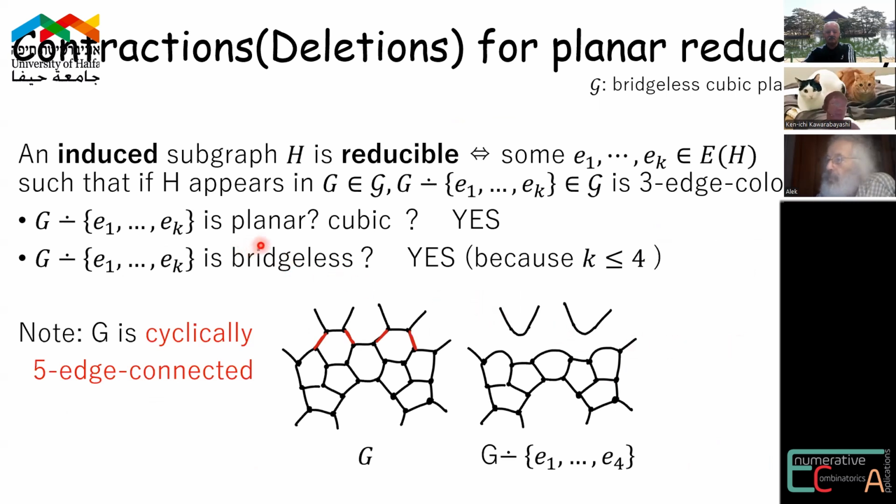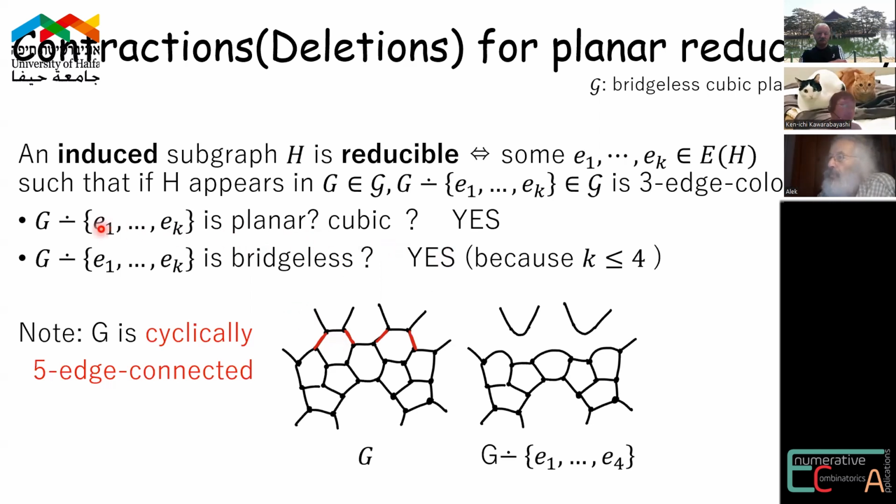In order to show that, we have to make sure that these two are true. So what we are trying to do is that sometimes when you make a reduction, you have to delete some edges. Here, you may delete these red edges, and then you turn the degree 2 vertices into an edge. That's what we do to make a reduction.